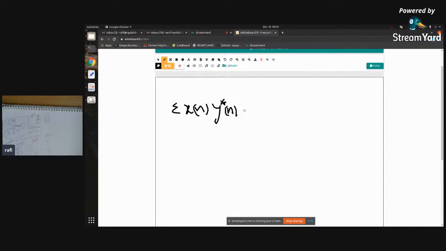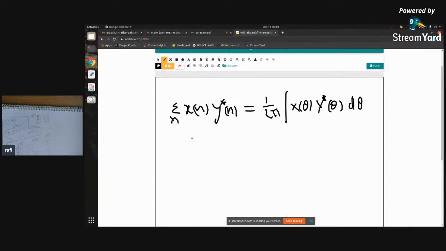This we got exactly equal to 1 by 2 pi integral over minus pi to pi. I'm not writing the summation here, it is over n. So x of theta into y star of theta d theta we got. This is exactly equal to this.